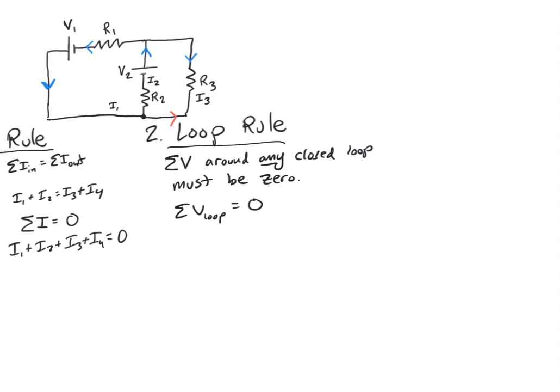If that were not the case, then current going around and around and around would generate basically an infinite amount of energy. Each time our current circulates, it would build up more and more energy, and that's not really what happens in the circuit.